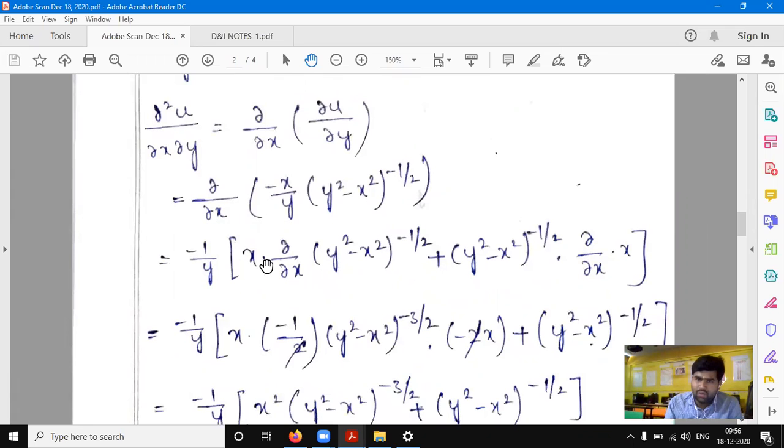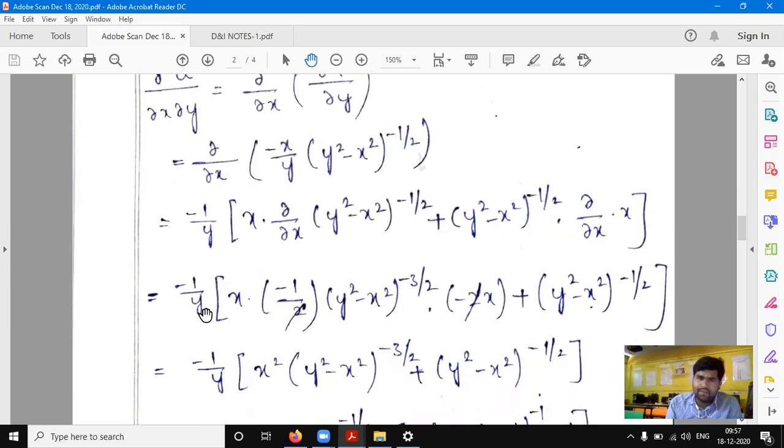Then x we take as u and this term as v. So x into the derivative of this one, ∂/∂x of (y square minus x square) to the power of minus 1 by 2, plus, treating this as constant, v, (y square minus x square) to the power of minus 1 by 2, and the derivative of u, that is ∂/∂x of x.